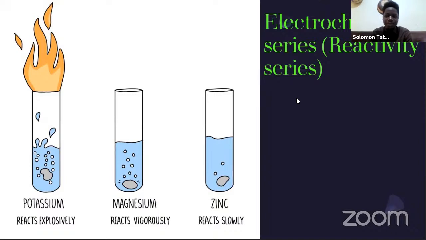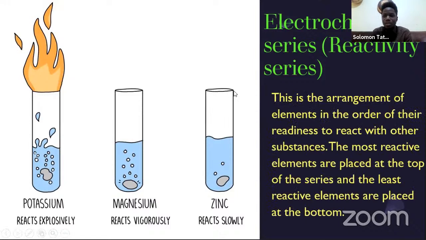So reactivity series is just the arrangement of elements in the order of their readiness to react with other substances. The most reactive elements are placed at the top of the series, and the least reactive elements are placed at the bottom.